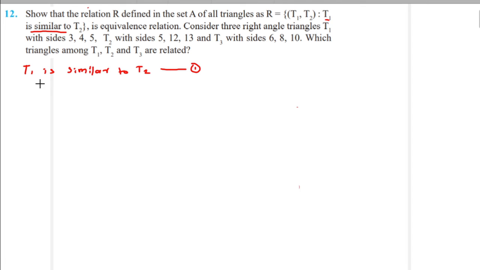Okay, so for the reflexive, in part 1 put T2 equal to T1. So this statement becomes: triangle T1 is similar to T1. Every triangle is similar to itself.